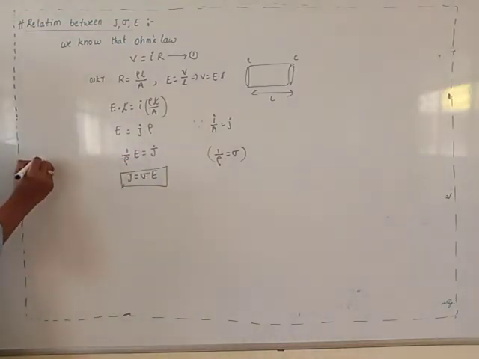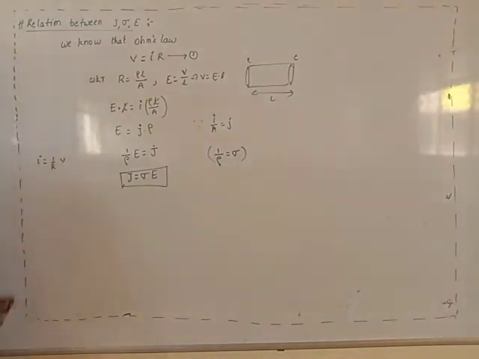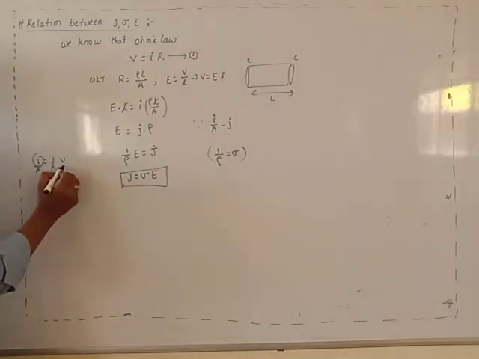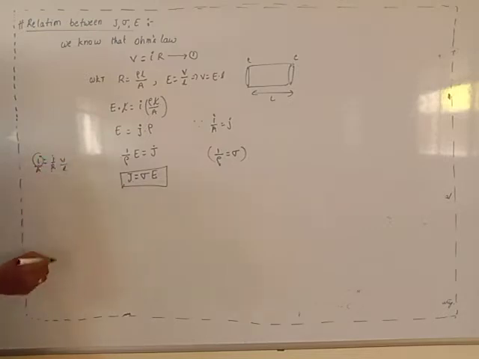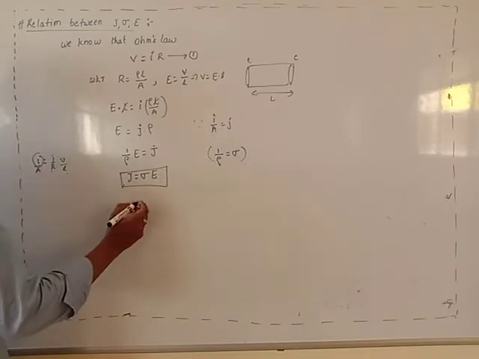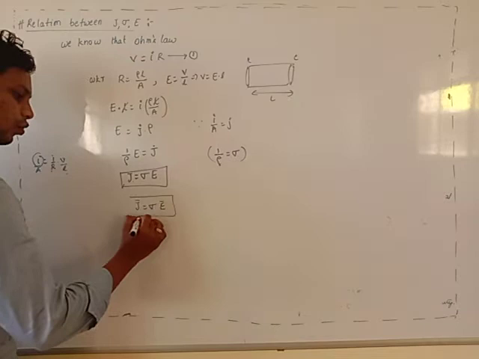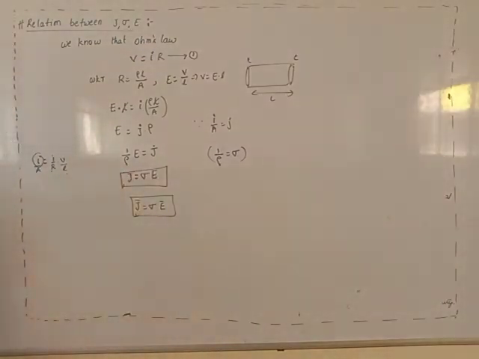Now this is similar to V equal to IR, then I can be taken as 1 by R into V. It is similar to I is equal to 1 by R into V. So instead of current we have current density I by A, and instead of potential we have electric field, that is V by L, so V by L is equal to E. Therefore this can also be called the vector form of Ohm's law.